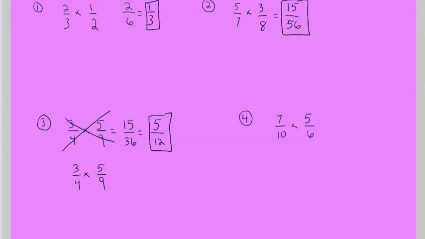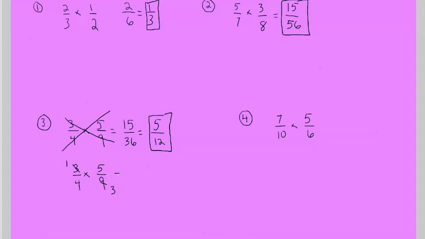If I look at the 3 and the 9, I can, because 3 goes into both itself and 9. So 3 goes into itself 1 time, and 3 goes into 9 3 times. Now the 5 and 4, the only common factor they share is 1. So that's not going to simplify it any further.